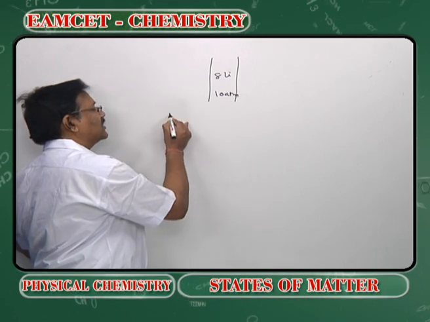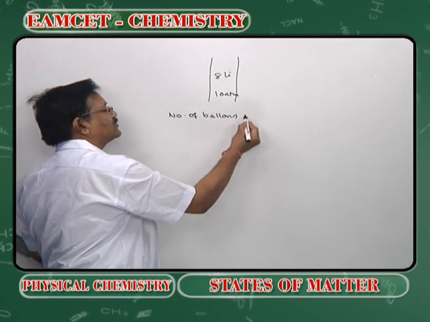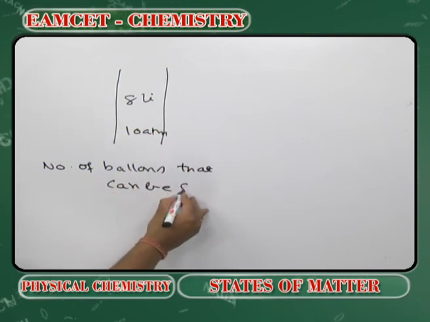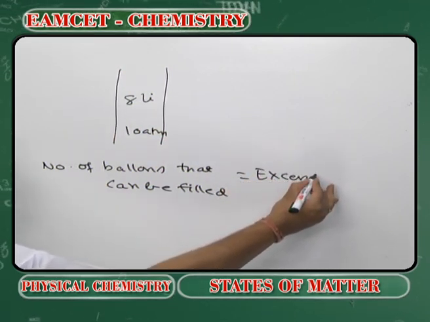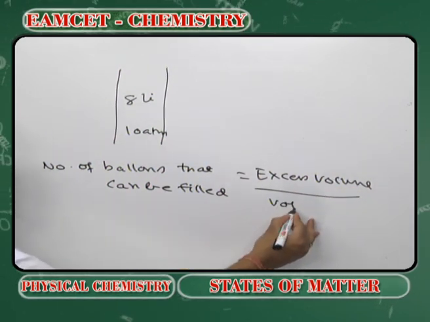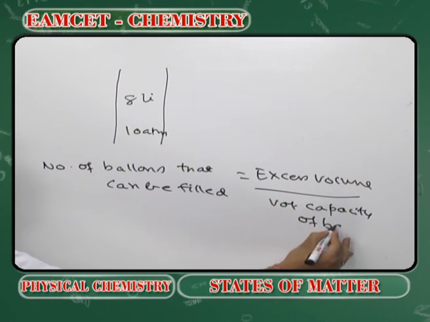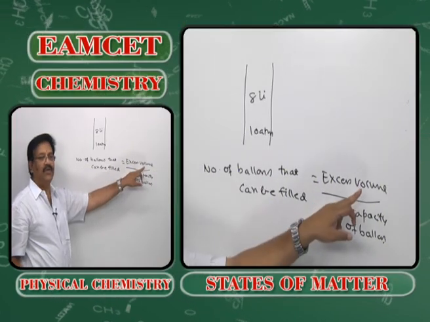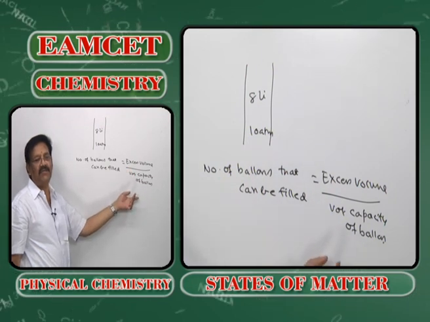So the number of the balloons that can be filled is equal to the excess volume of the hydrogen gas that is coming out of the cylinder by the volume capacity of the balloon.